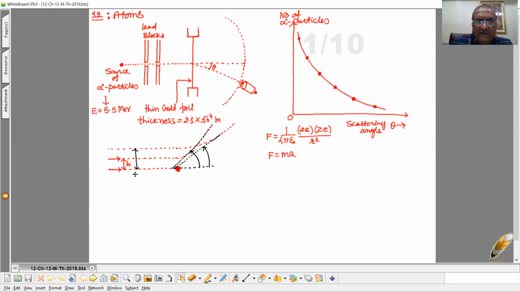See here, in this particular figure, this is the atom. Now the impact parameter of the alpha particle for the collision is nothing but the perpendicular distance of the initial velocity of the alpha particle with respect to the center of the atom.